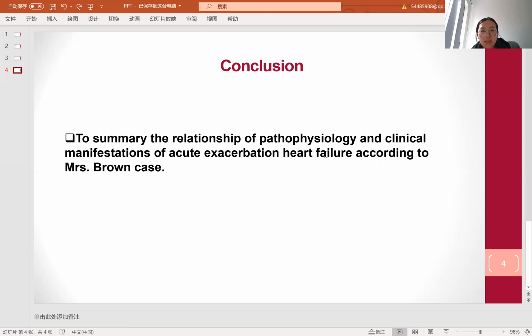The clinical manifestations of a disease and its pathophysiology are highly related because the pathophysiology of a disease is what influences the clinical manifestations experienced by the patient.